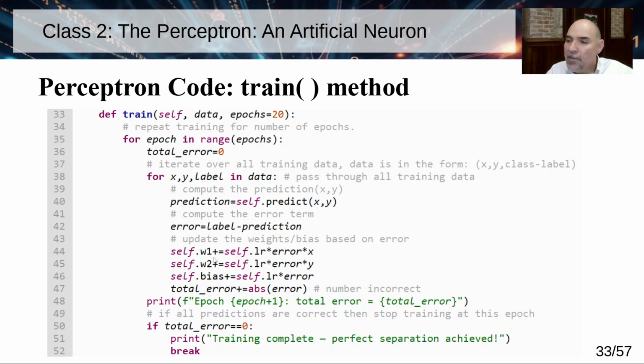I'm doing that for both of these. Both weights can be adjusted. And you'll notice that I don't just do learning rate times error, because that would be the same. We multiply it times the actual X or Y, because these can also be positive or negative, and that sets the directionality. In other words, if this was negative and we had a negative error, then we go in the positive direction.